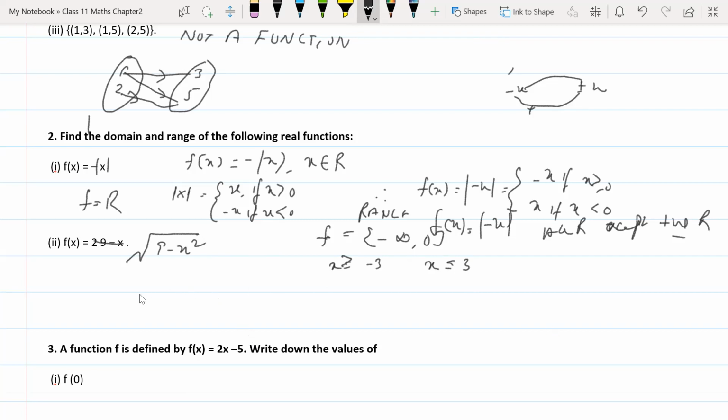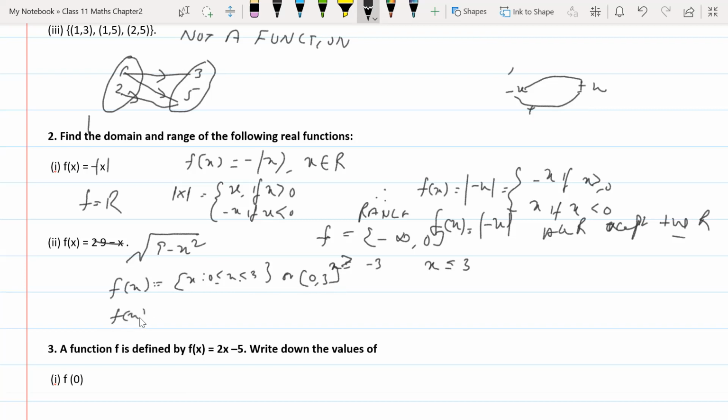We can show that f(x) is such that x is greater than or equal to 0 and less than or equal to 3, so it lies in 0 to 3.